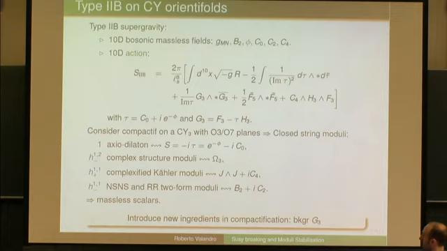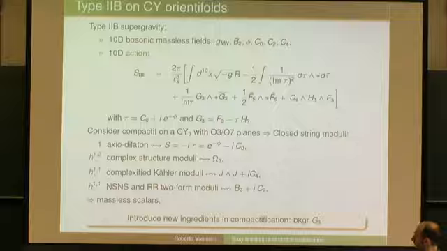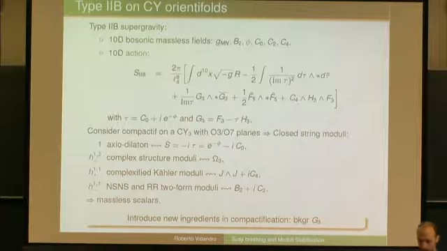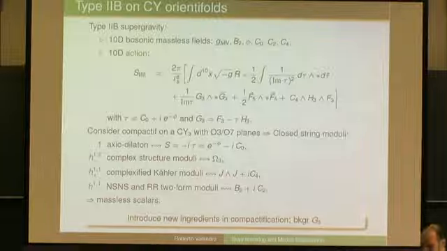So after you also introduce the orientifold involution, let's say the p-forms of your Calabi-Yau can be split into even and odd.